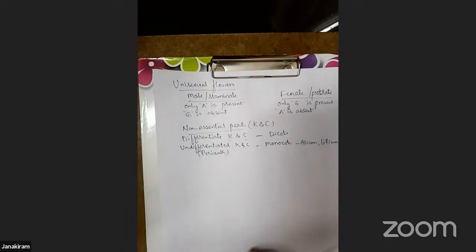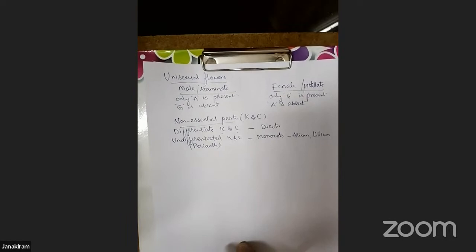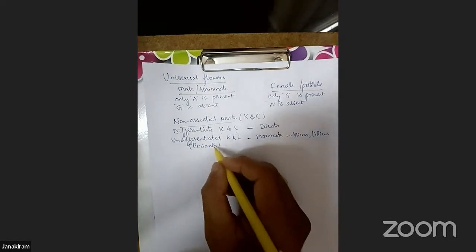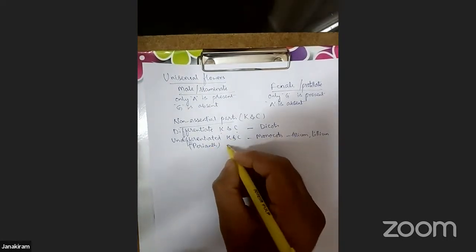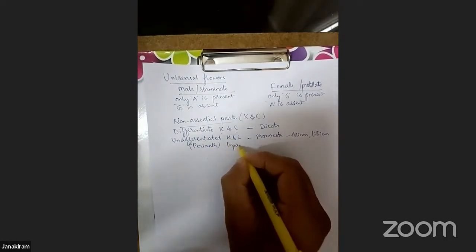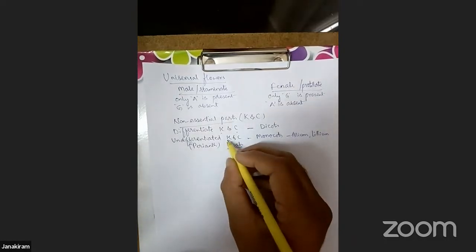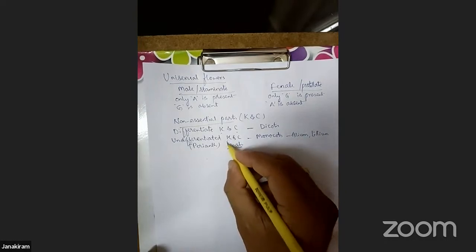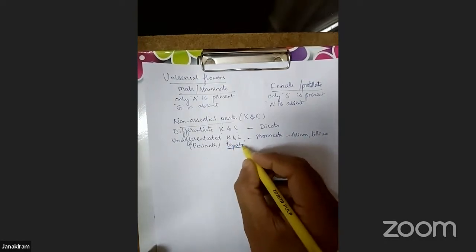Differentiated means we can clearly identify which one is calyx and which one is corolla. Undifferentiated means we cannot identify which one is calyx and which one is corolla. And in this condition, we call these structures tepals. So we should not call them sepals and petals. Okay, so these are known by a word called tepals.